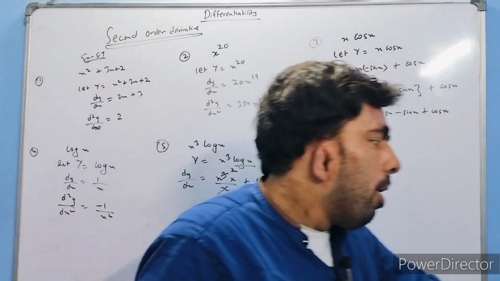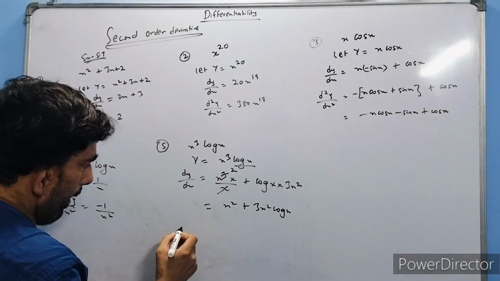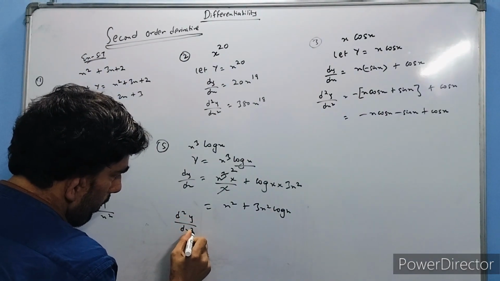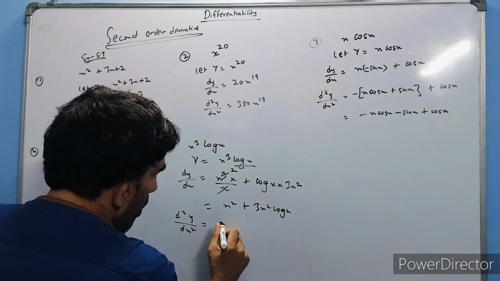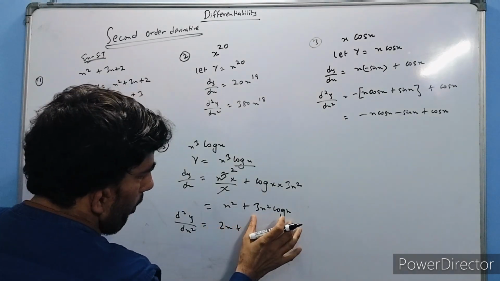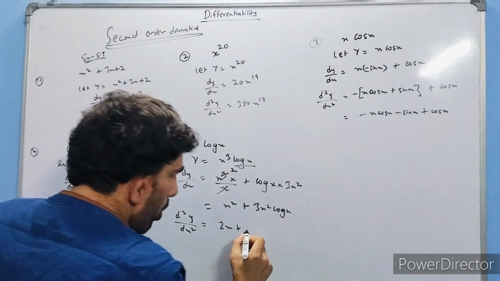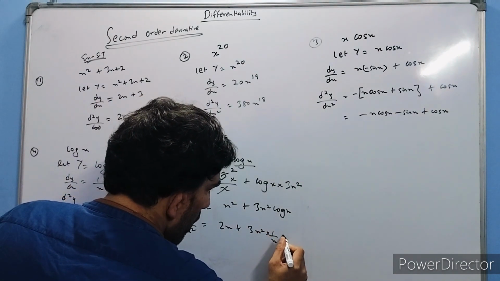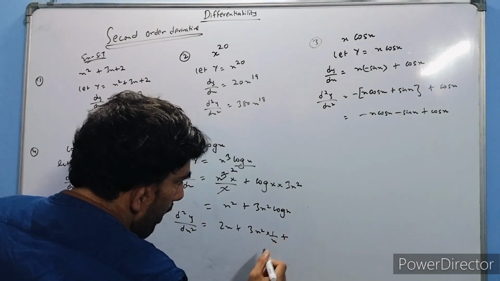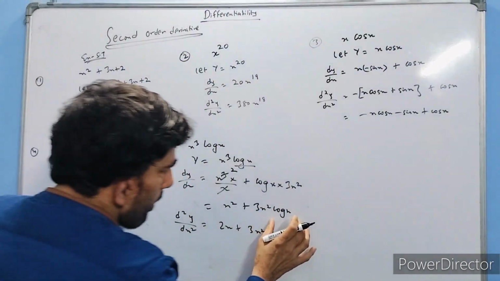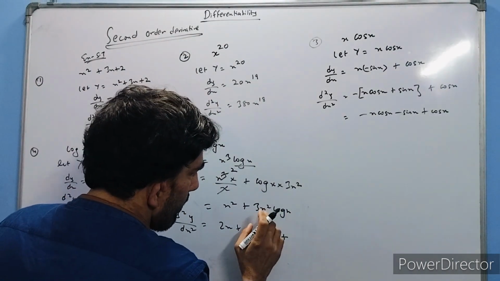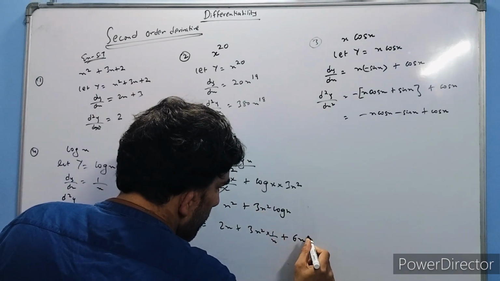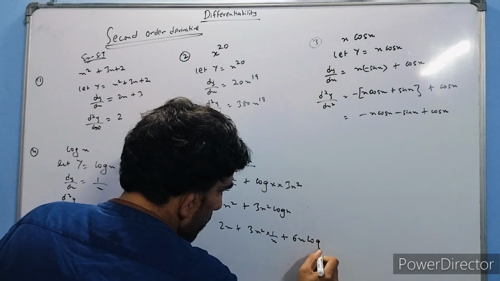Now we'll differentiate it again. So I got d2y upon dx square is equal to 2x plus, again applying the product rule, 3 into x square into 1 upon x, plus log x left as it is and differentiating x square, we got 2x, so 6x log x.